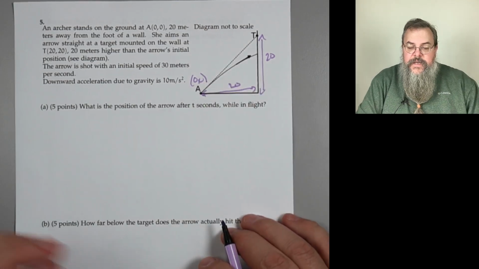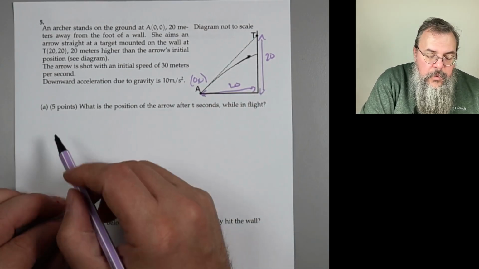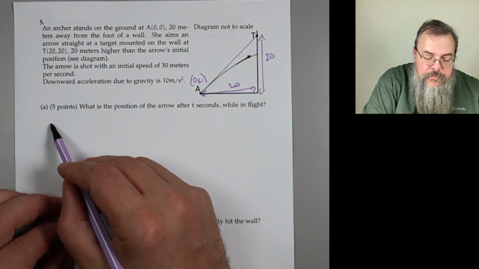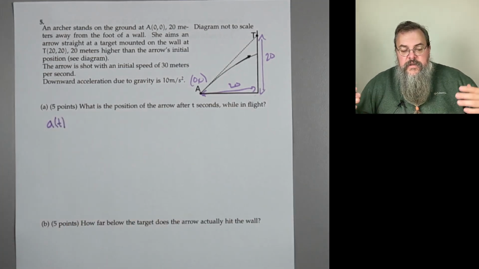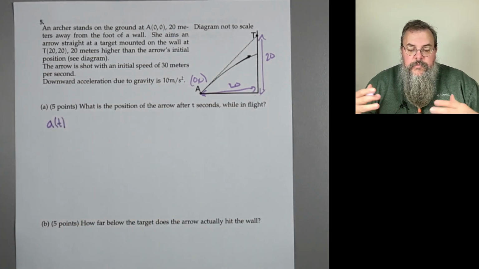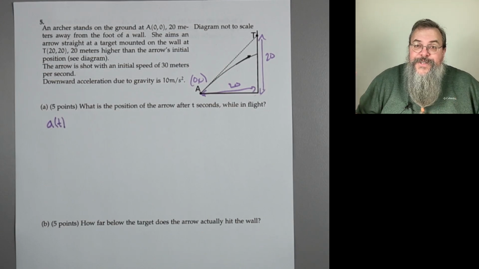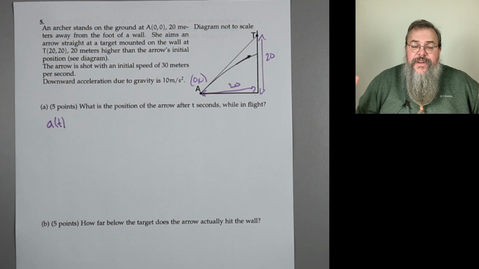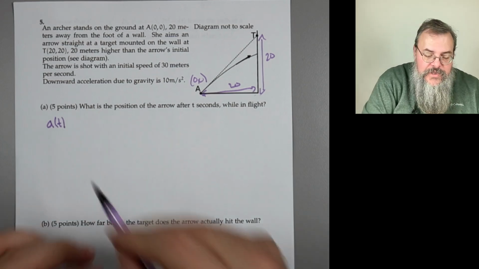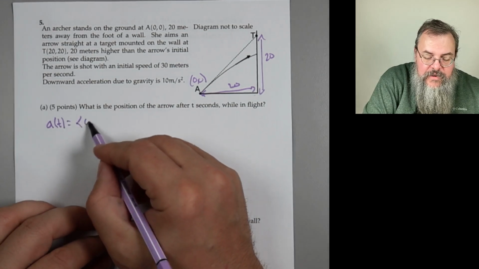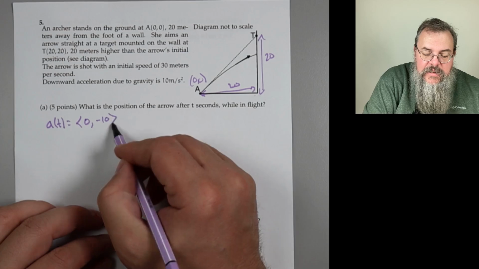So let's figure out a couple of things. We know acceleration. In particular, we're going to assume that this behaves like the normal acceleration. In other words, the acceleration is constant, pulling things down. We only have two dimensions, so acceleration looks like (0, -10).